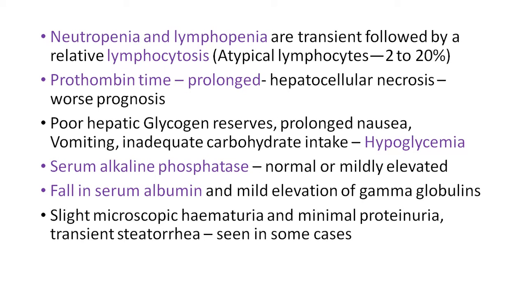Hepatic glycogen reserves are poor, so glucose will diminish. With prolonged nausea, vomiting and inadequate carbohydrate intake, the patient can have hypoglycemia. Serum ALT levels are normal or mildly elevated, along with alkaline phosphatase, and there is a fall in serum albumin and elevation in gamma globulins. And then you can have hematuria or proteinuria because the patient can end up in glomerulonephritis as well.